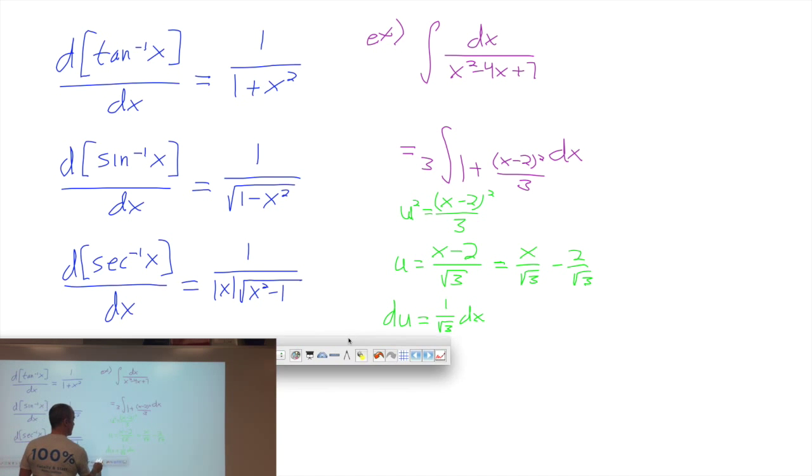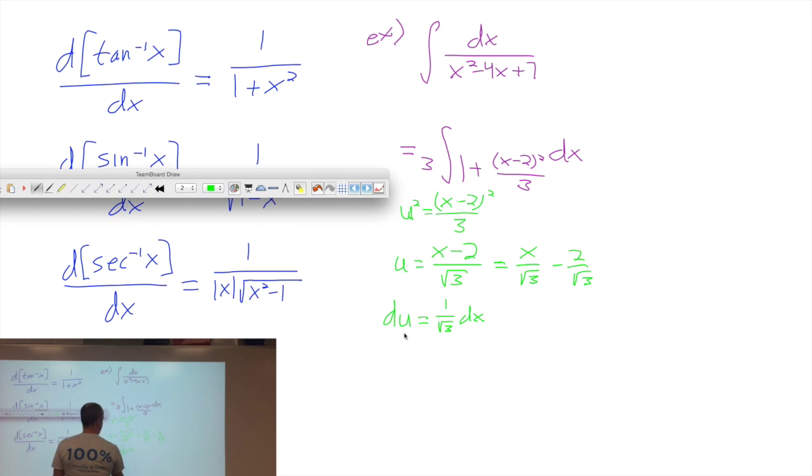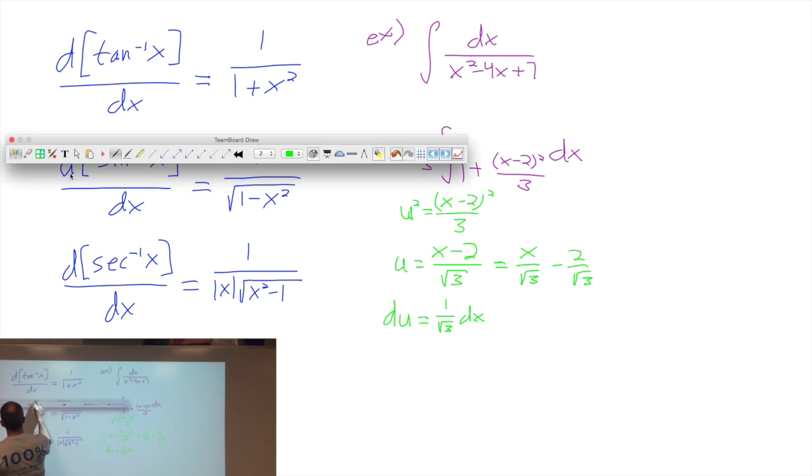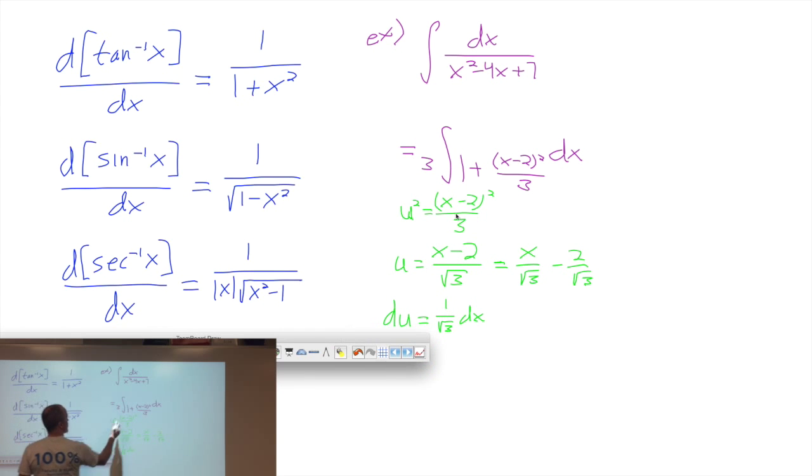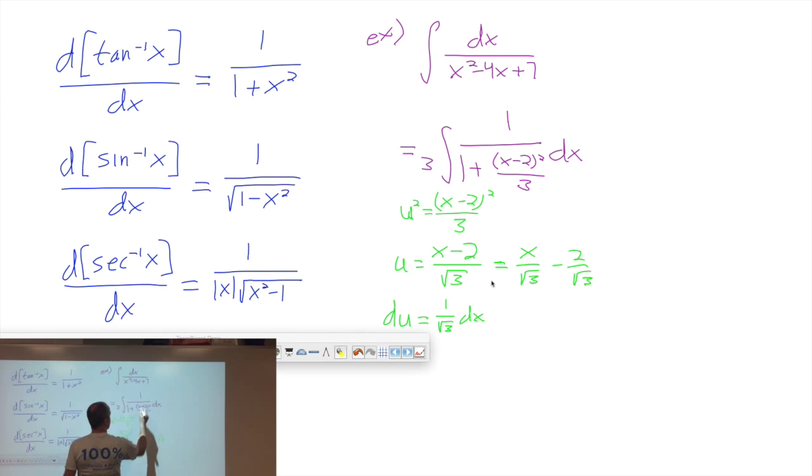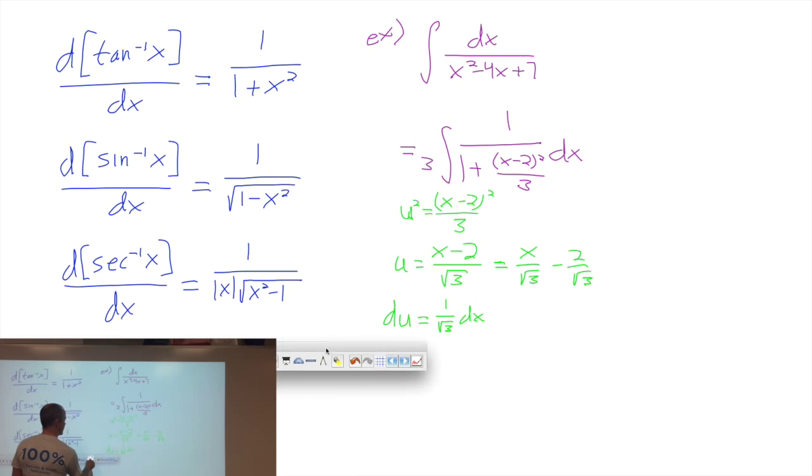And I'm looking at, okay, du is 1 over root 3 dx. Going back up to, I lost part of my original integral, didn't I? Let's put that back in there. I lost the 1 over. Okay, go back to my original integral.